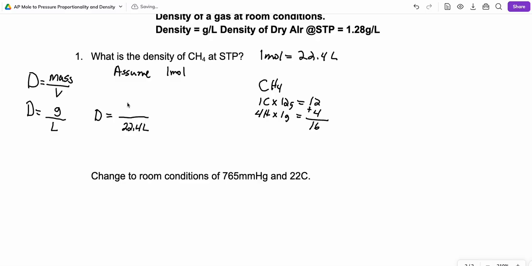So you just assume 1 mole, and you get the mass of 1 mole, which is the molar mass, and you're going to divide that by the 22.4 liters, and so the density of methane at STP is about 0.71 grams per liter.